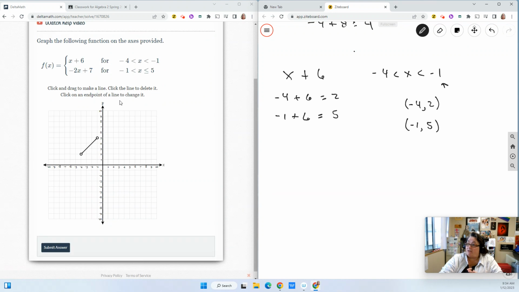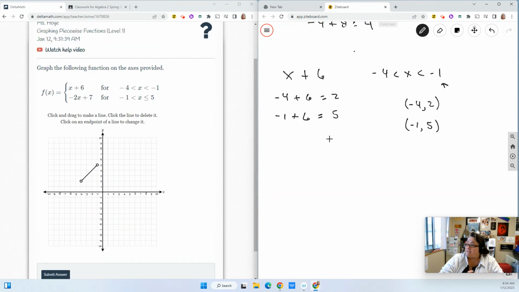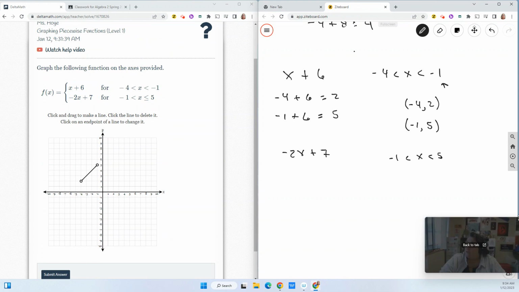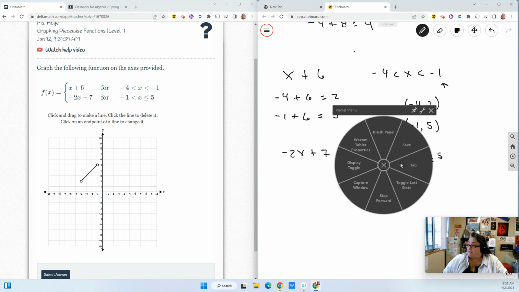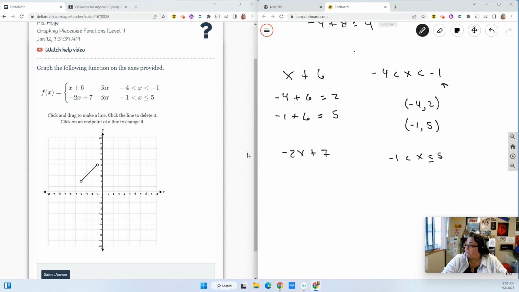And so now we have to look at the graph of the next equation, which is minus 2x plus 7. And we know that that's going to run from negative 1 all the way to 5, right? There's no line under the first one, but there is a line under the second one, right? But we're going to do the same thing. We're going to take the beginning point, this negative 1, and we're going to plug it in.